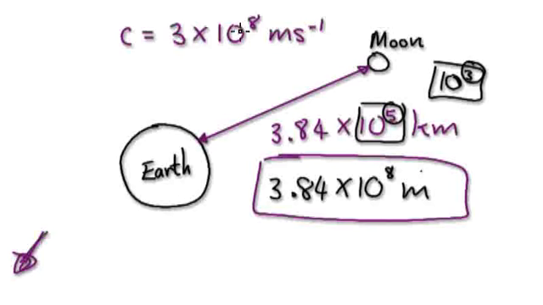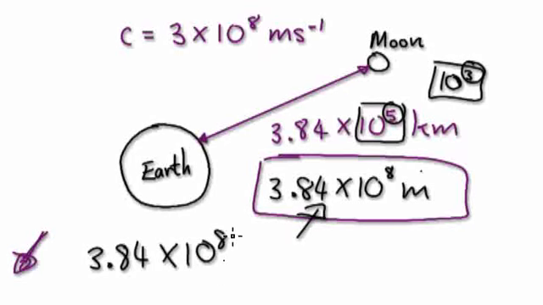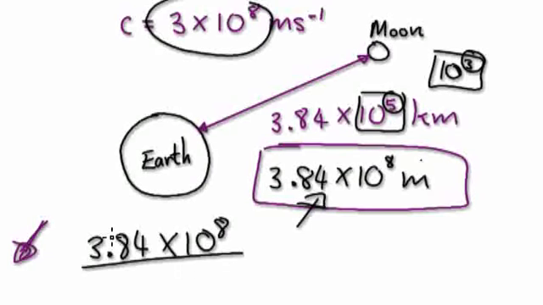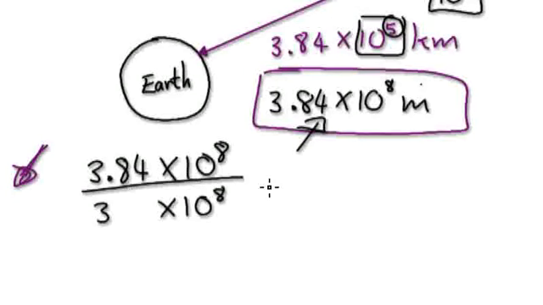So it really boils down to getting the distance, which is 3.84 times 10 to the power of 8, divided by the speed, which is 3 times 10 to the power of 8. This will give us the time in seconds.